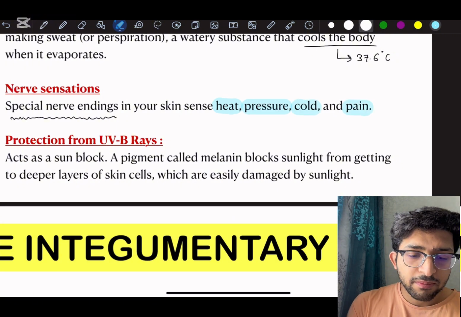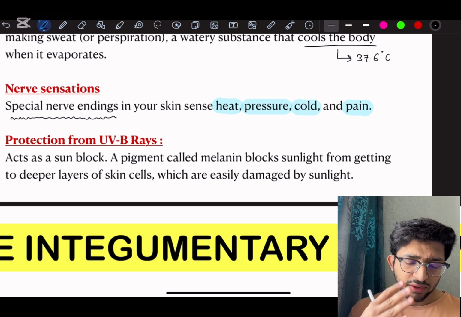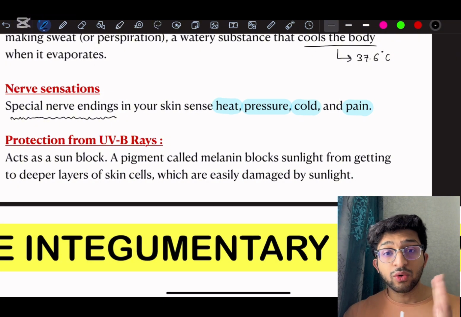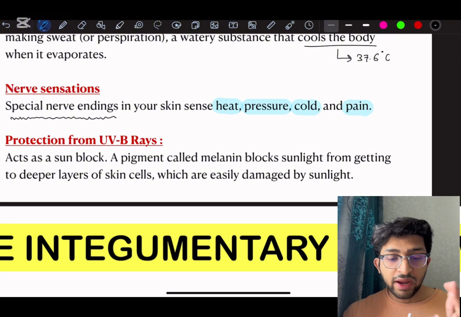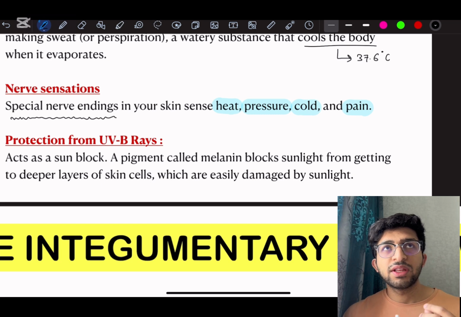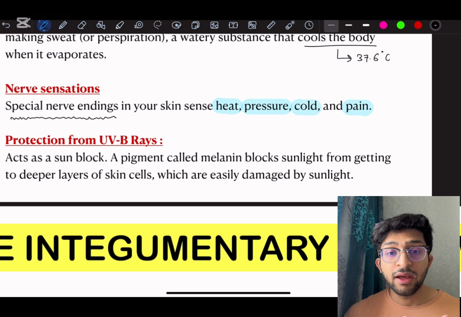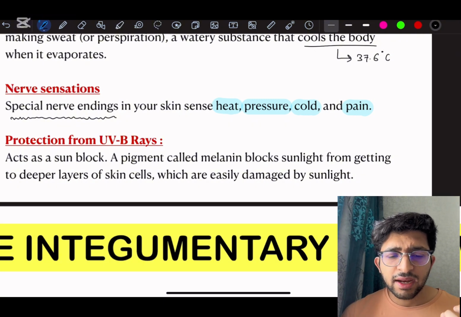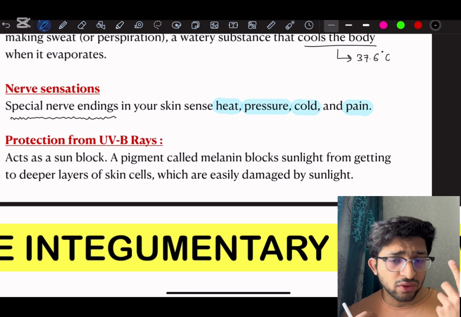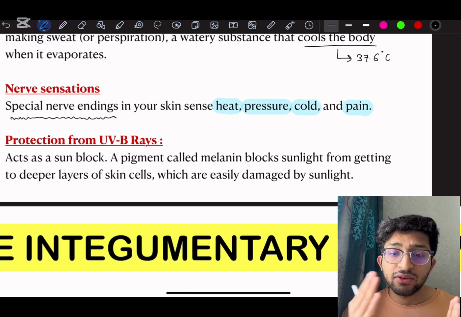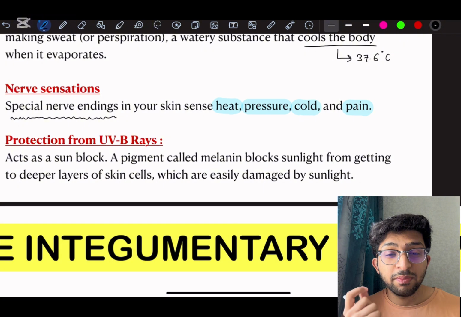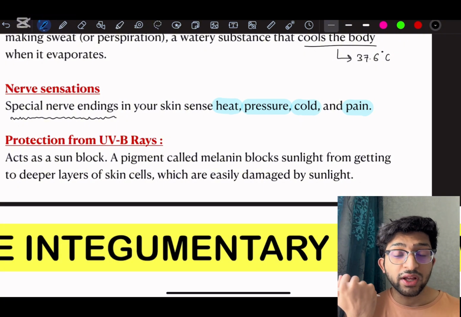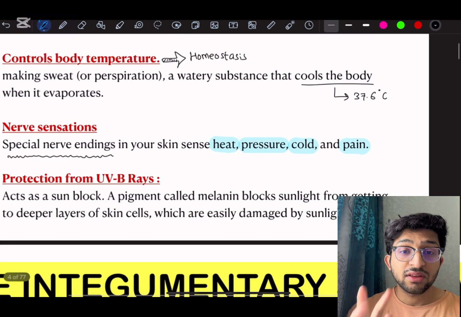For example, if you go in a kitchen and touch a hot object, a hot oven or a hot pan, you sense it suddenly, and within a second or much less, your hand pulls away, and it is involuntary. Why did it happen? Because our skin has special nerve endings that reach directly to the brain, and they are responsible for sensing even the smallest vibrations, like an insect crawling. We can sense it, right? So this is the third function.